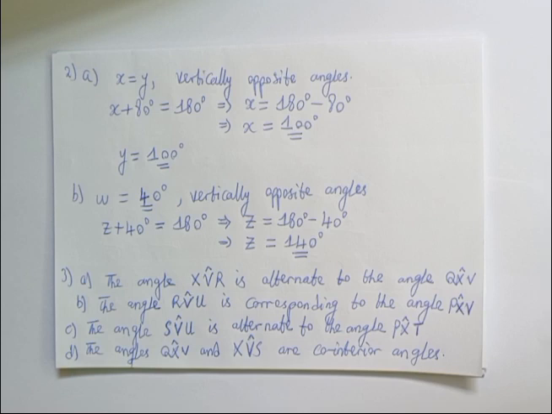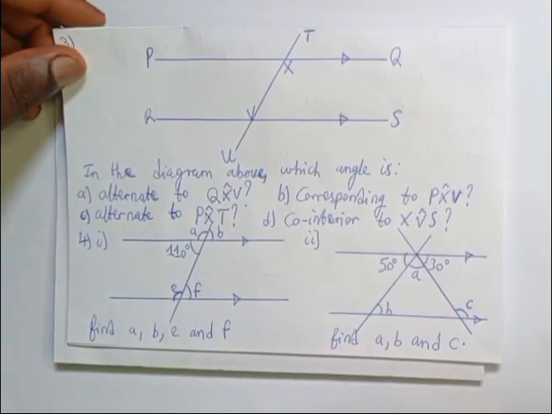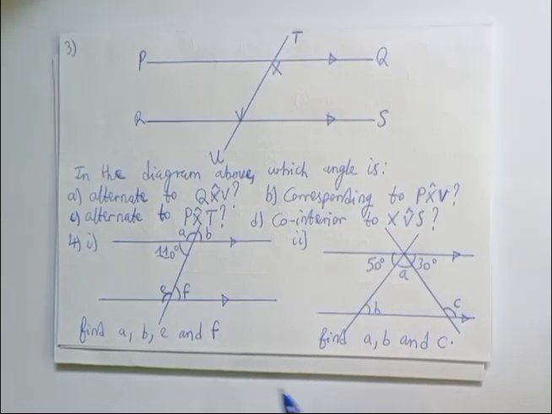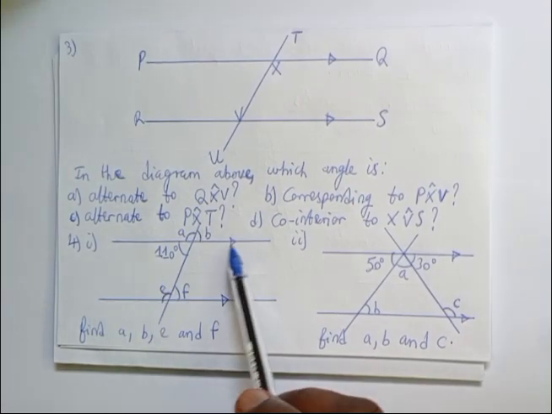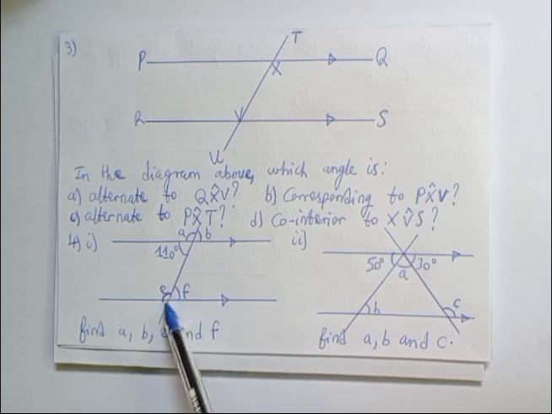We move now to question 4I. We have two parallel lines with a transversal crossing over the two parallel lines. We are to find the angles A, B, E, and F. To find them, we are going to make use of our knowledge of angles associated with parallel lines.